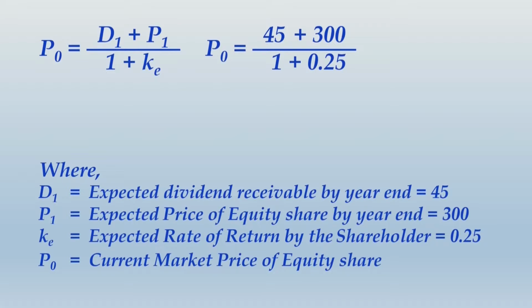So future cash flows are 45 plus 300, and the expected rate of return being 25%, when you divide the future cash flows by 1.25, that is 1 plus your expected rate of return, you would obviously get the present value of that future cash flow, and that comes to rupees 276. Let me take you ahead to something very, very important. This is the formula which we have logically understood so far.